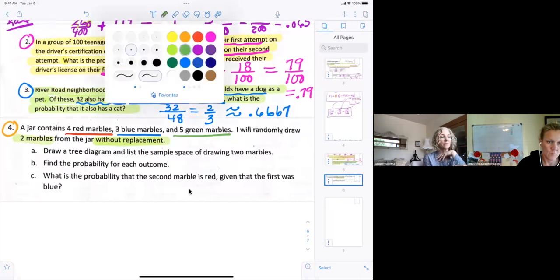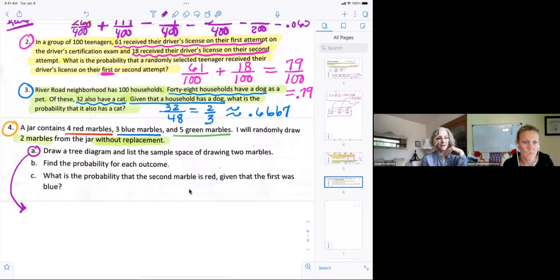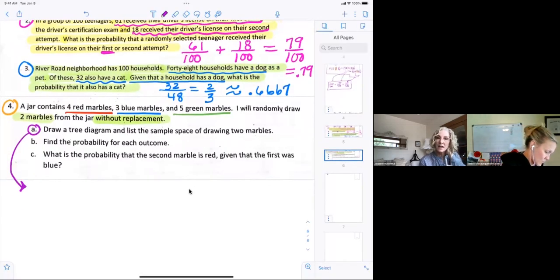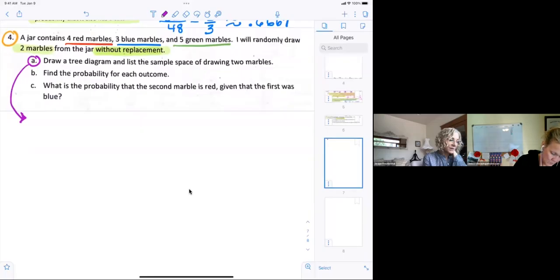One way to help you organize the information and create a visual of the sample space of what it would look like if you drew 2 marbles is to draw a tree diagram. In a tree diagram, we start with the options on the first draw.